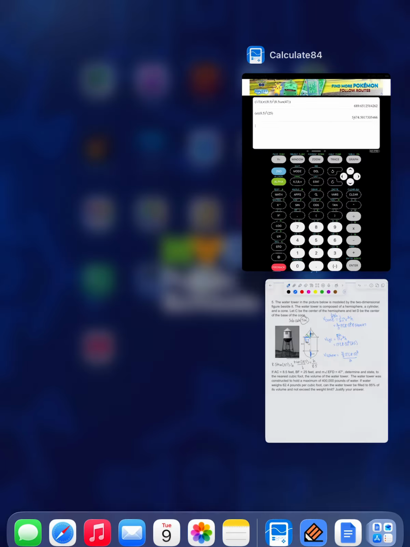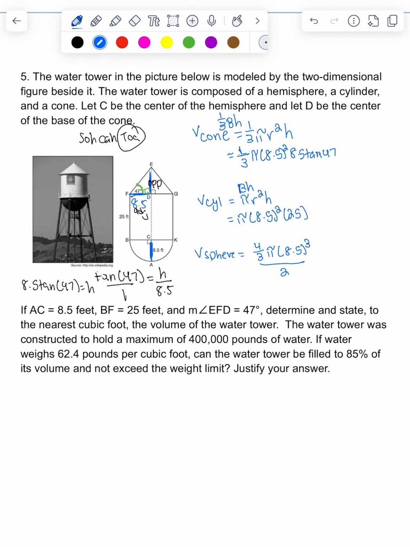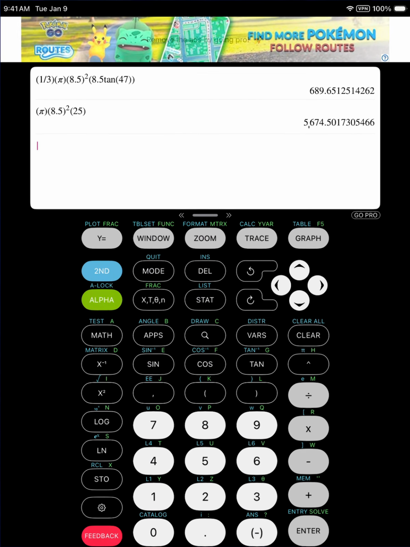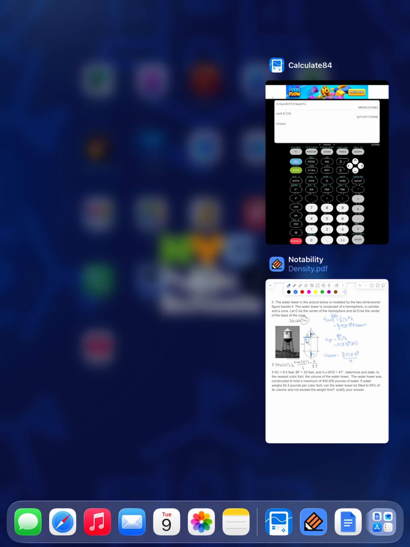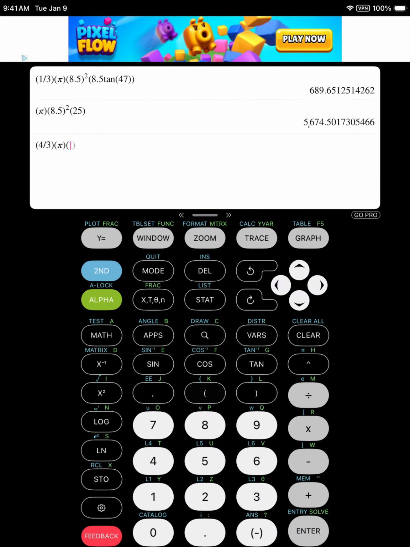And then we need for the sphere, actually I'll do it this way, 4/3 pi, and then the radius is 8.5 cubed.